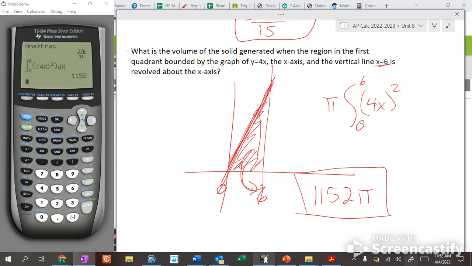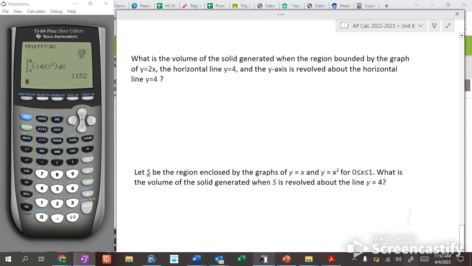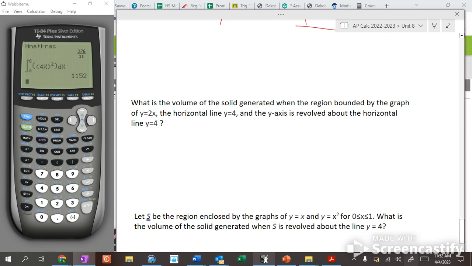All right, next. We have a region bound by the graph of y equals 2x, the horizontal line y equals 4, and the y-axis. And we're revolving around the horizontal line of y equals 4.